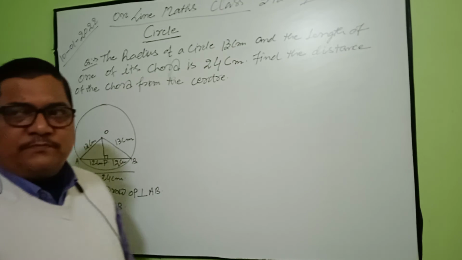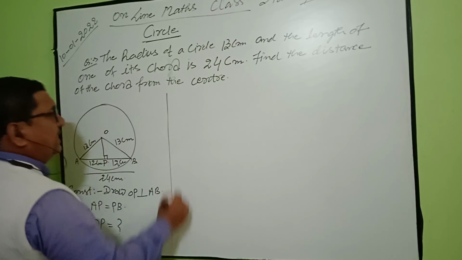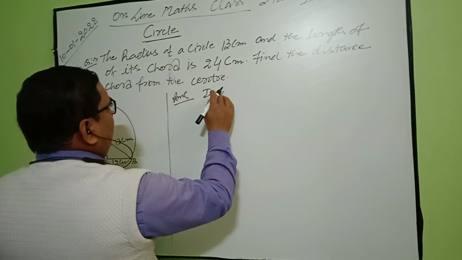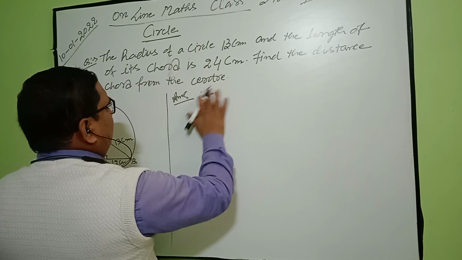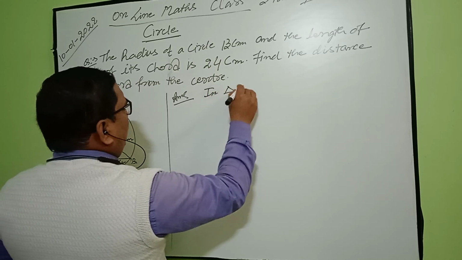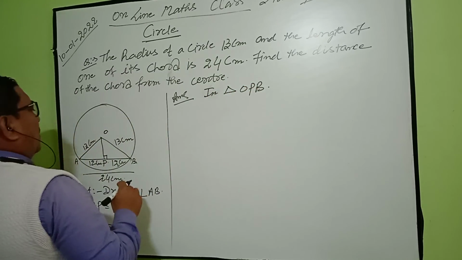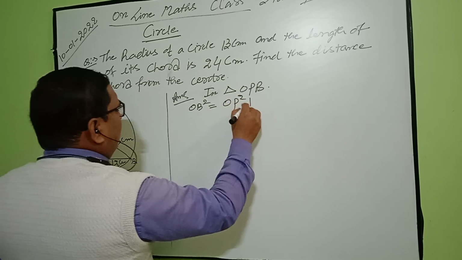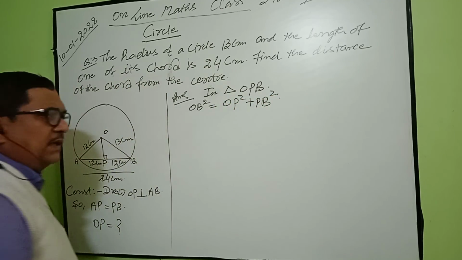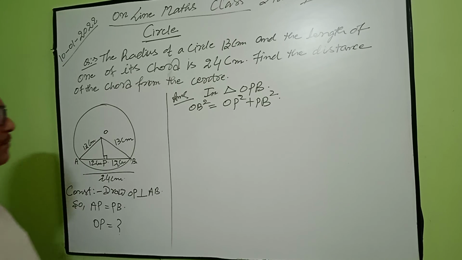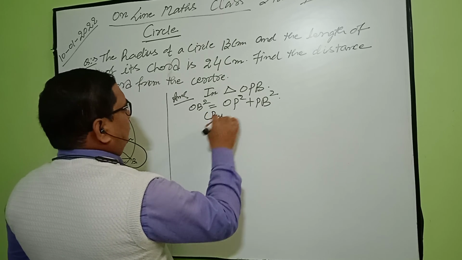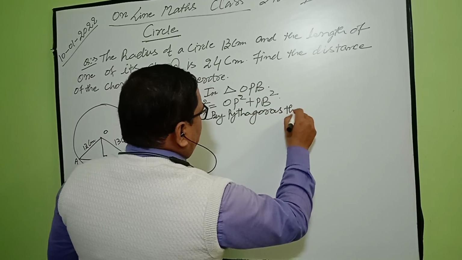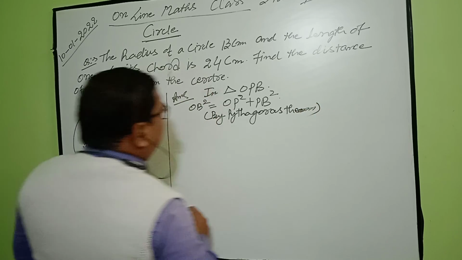Now we will write, in triangle OPB, OB square equals OP square plus PB square, by Pythagoras theorem.